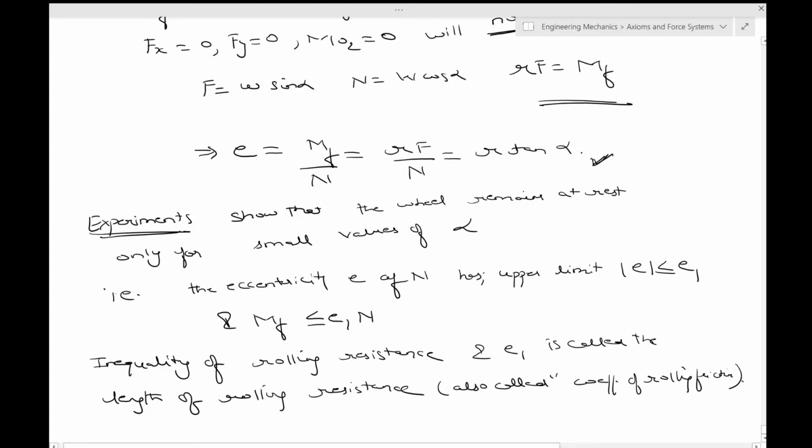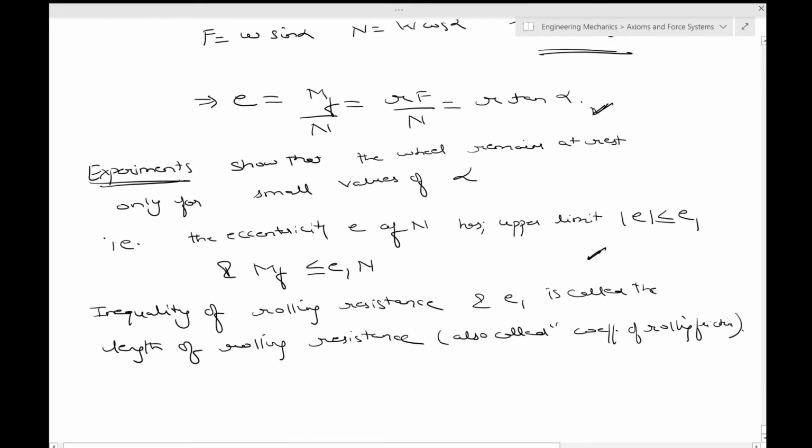Okay, and so in case of impending and actual rolling motion, the inequality of rolling resistance over here is replaced by the equality, where E will become equal to E1 and MF will be equal to E1 N. Okay, and so this is the axiom of rolling resistance.